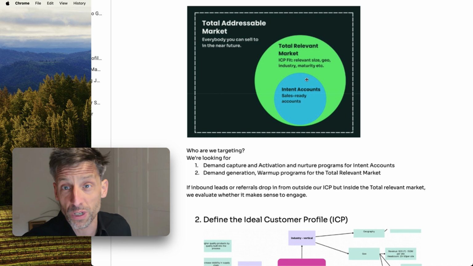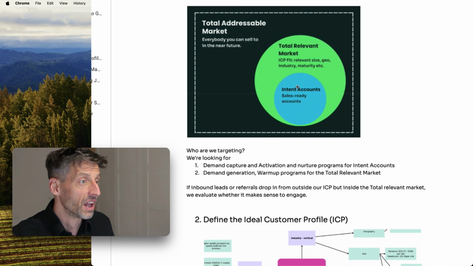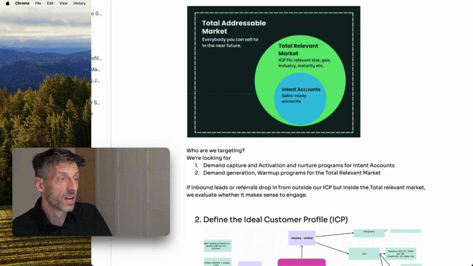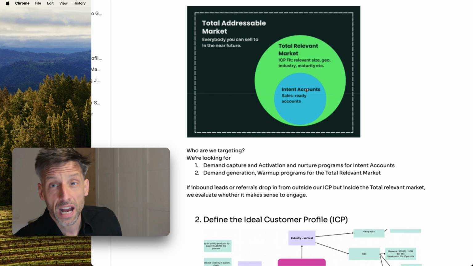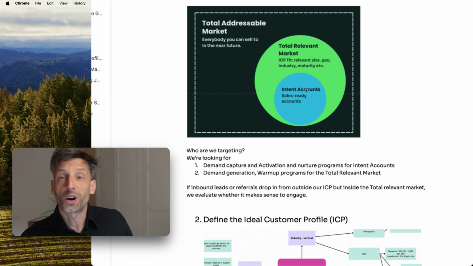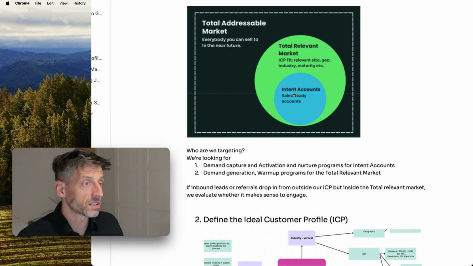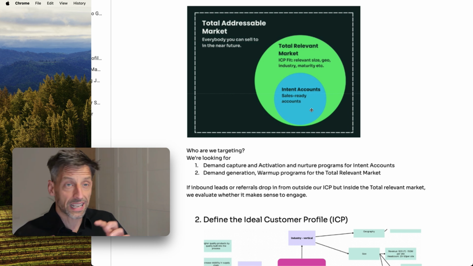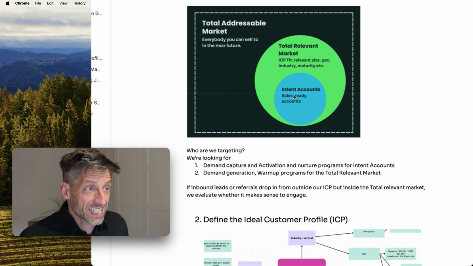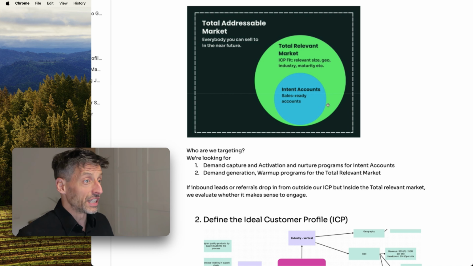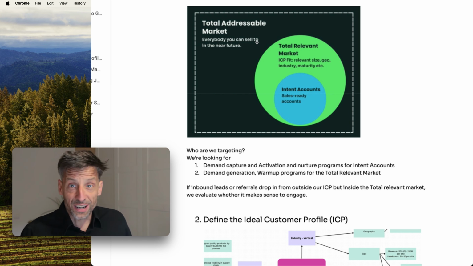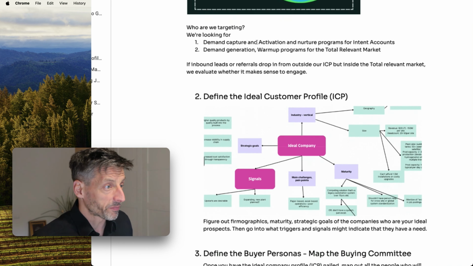Obviously, inbound leads who raise their hands and fit ICP are going to fall into this category, but also companies who are engaging with your content or companies who are emitting third-party buying signals, and they fit your ICP, they're going to fall into this category. Okay, so we just want to get clear on what the size is and what the definition is of each of these 3 categories within your market.